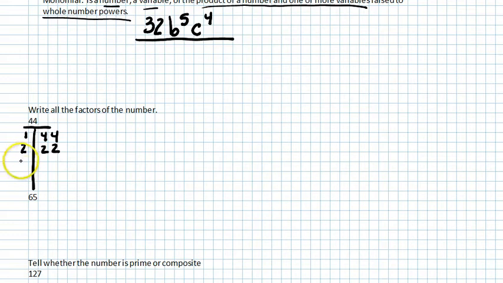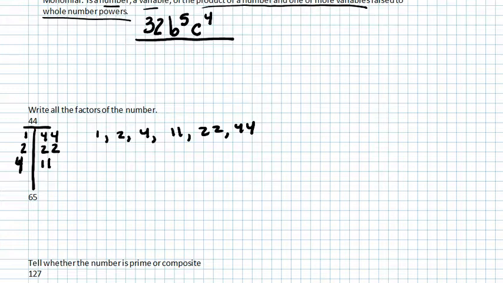No, so I'm not going to list 3. 4 goes into 44 11 times. 5 does not, 6 does not, 7, 8, and so on do not. So these are the factors of 44: 1, 2, 4, 11, 22, and 44.